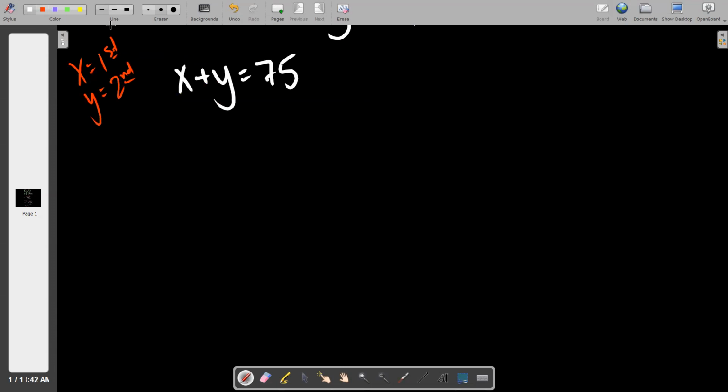Okay. So what do you think that equation is going to say? I want you to do me a favor and underline the first 4 words in the second sentence. Underline them with your pencil. Go ahead.